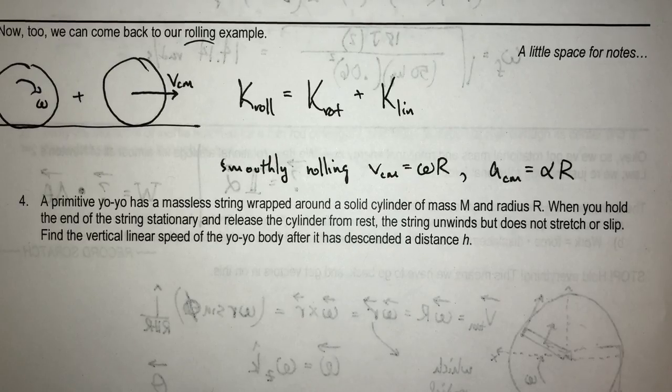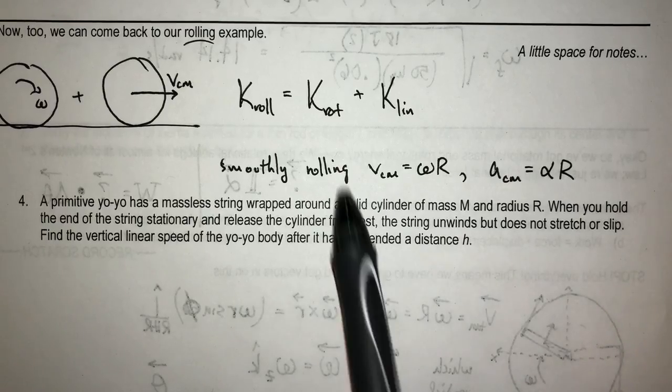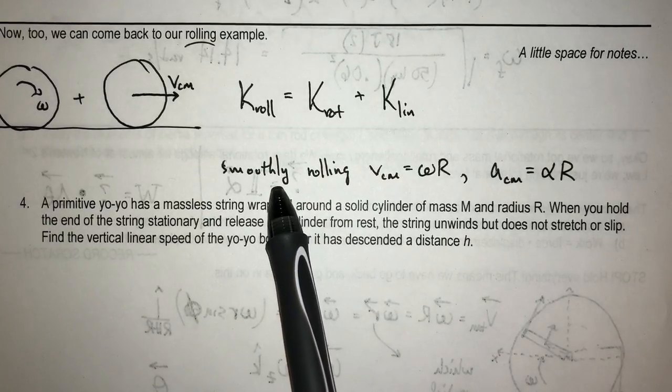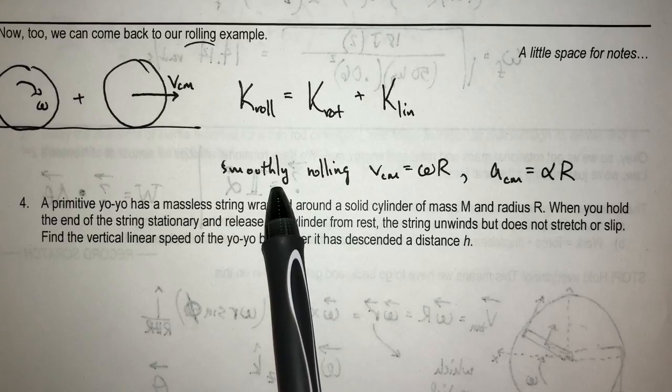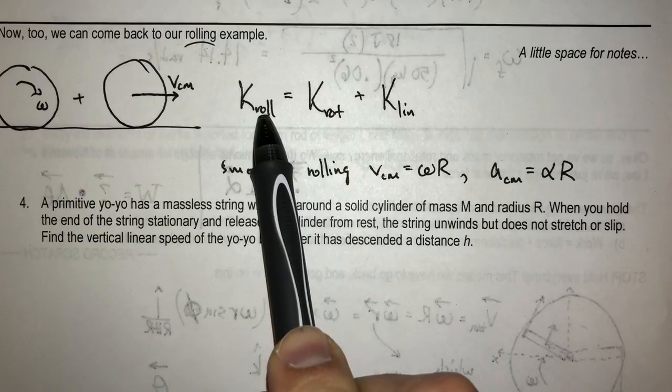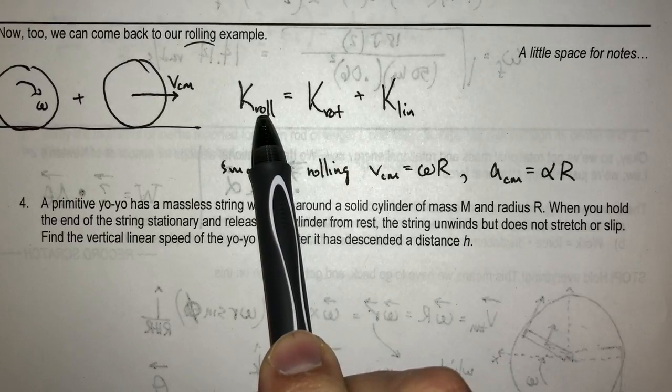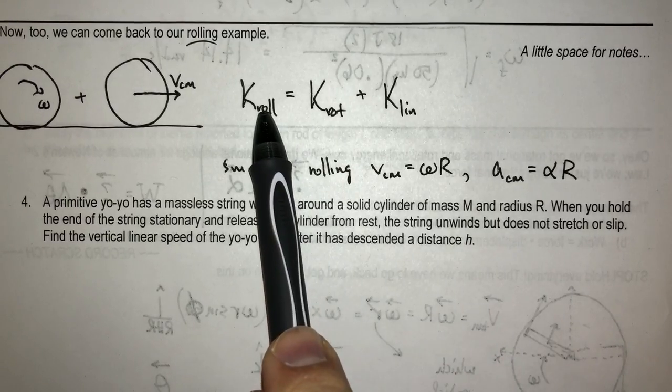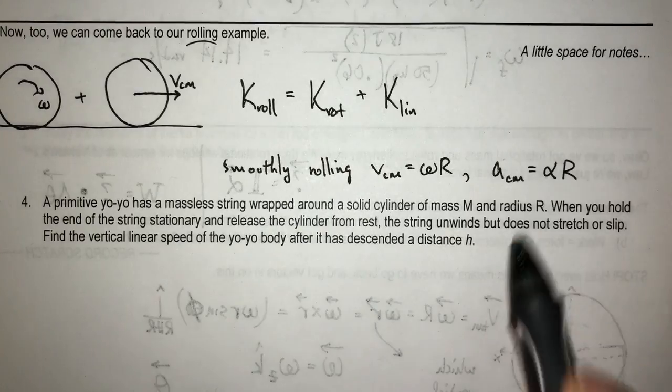So, here's what I'm thinking. I am thinking that "does not stretch or slip" is an indication of smoothly rolling. Now, I've got a relationship for rolling, so I can talk about the change in the kinetic energy of this thing.